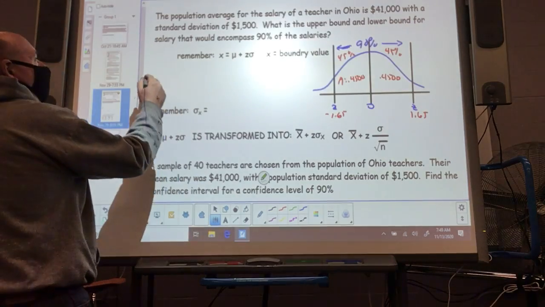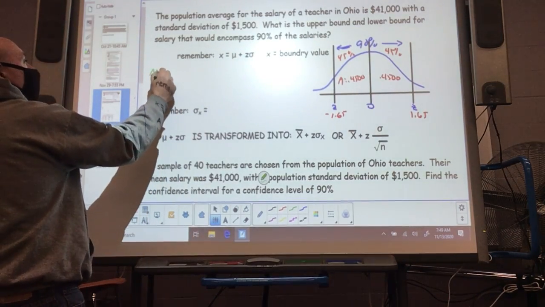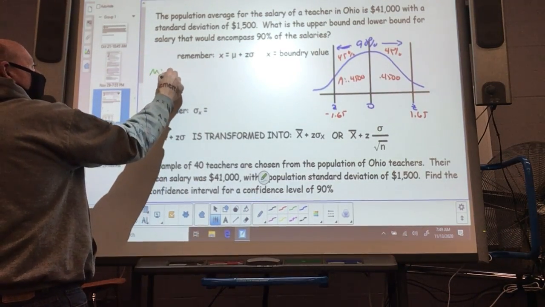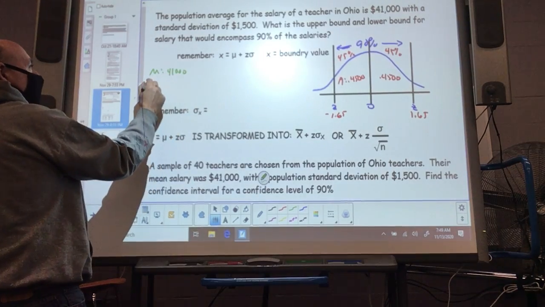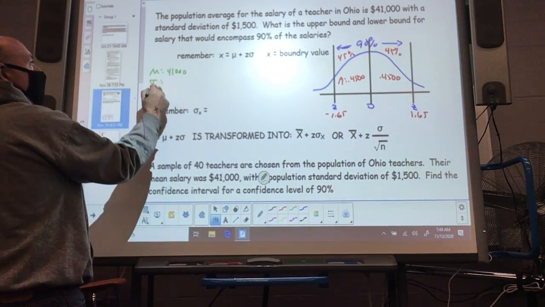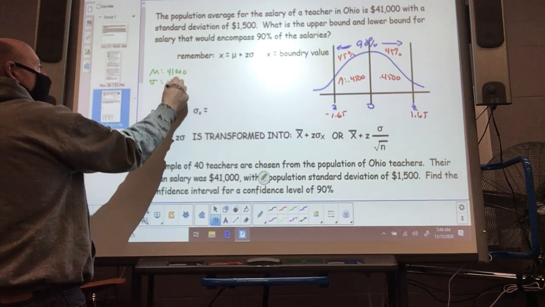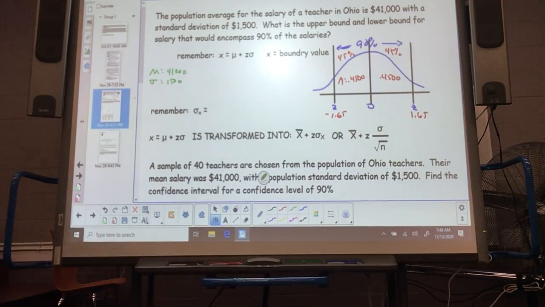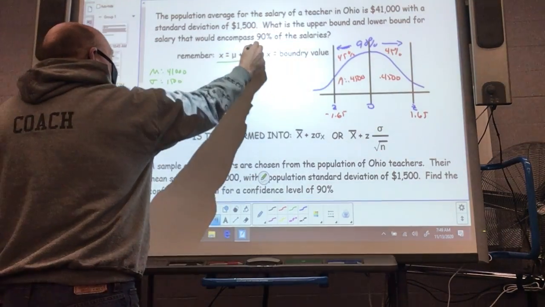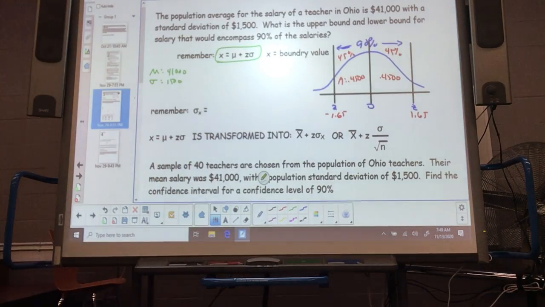We have a mean of 41,000 and a standard deviation of 1,500. We can calculate these values by using mu plus our standard deviation times our z-score. So we can come up with two values. Go ahead and come up with the two values.